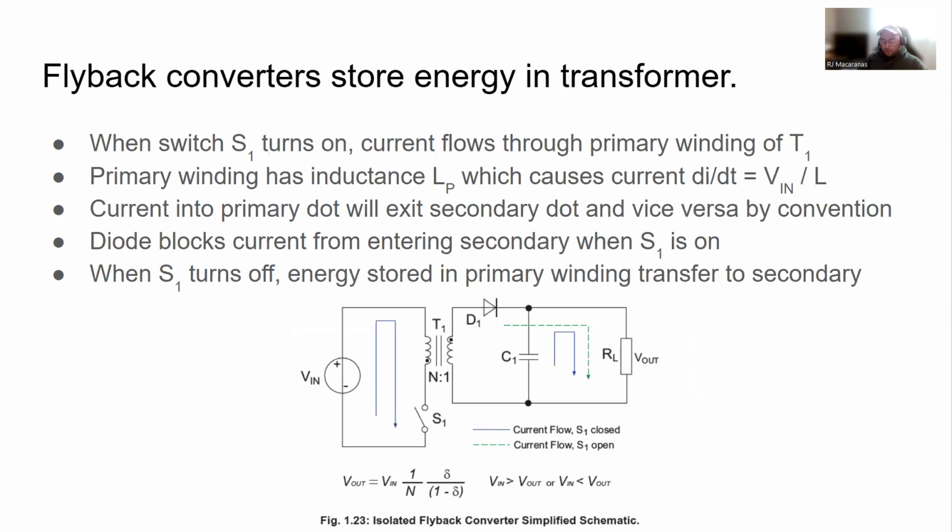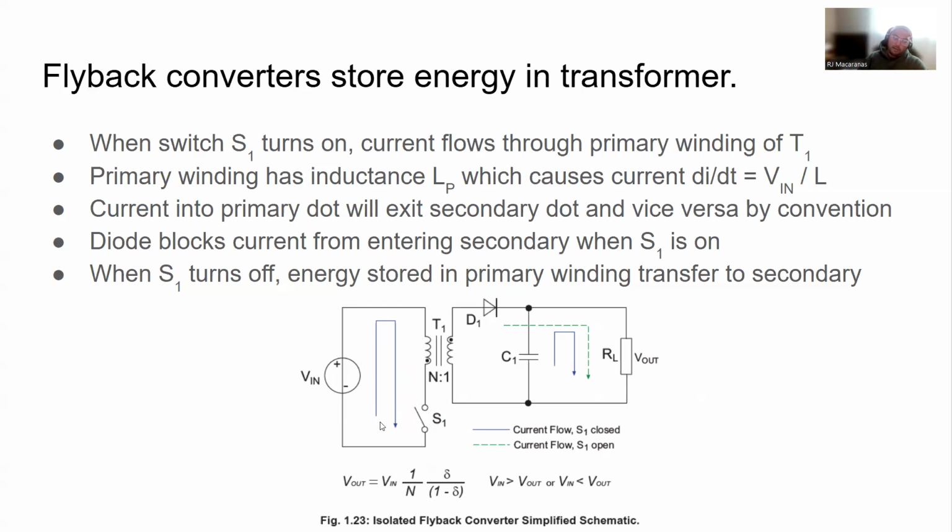So getting into the different types of these isolated converters, we first have the flyback converter. Flybacks are probably the most widespread isolated converter. You'll find them all over the place. They store energy in the transformer itself, right? So here I've got the transformer, and a switch connected to the primary winding of the transformer.